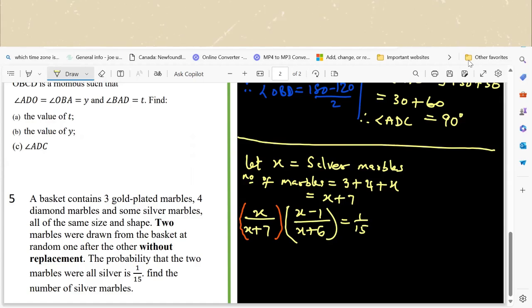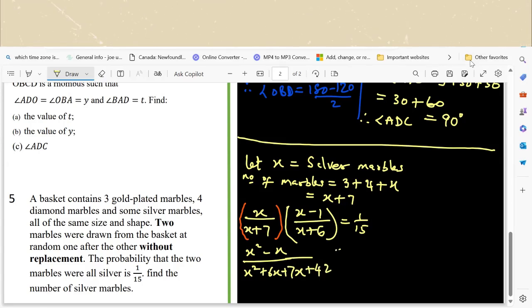And so we are going to solve this. So here we have S squared. We multiply the numerator, that's S squared minus S, over the denominator, which will give us S squared, then plus 6S plus 7S. Use this 7 to multiply 6.